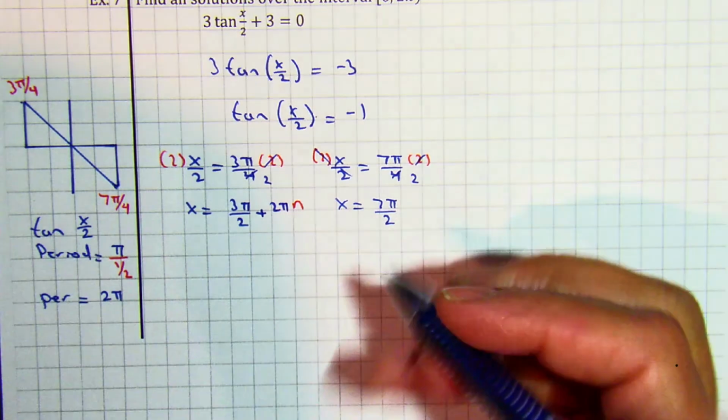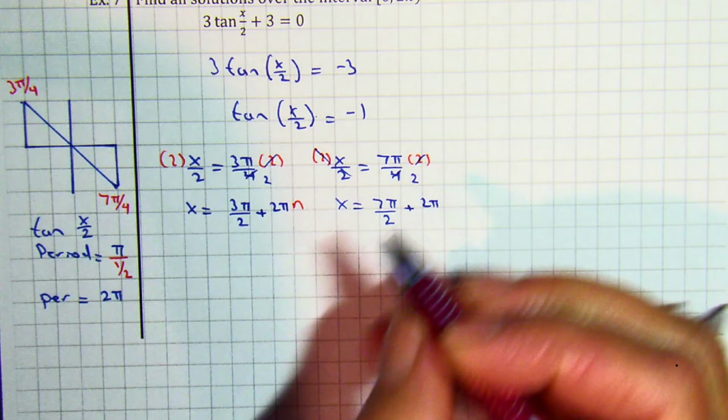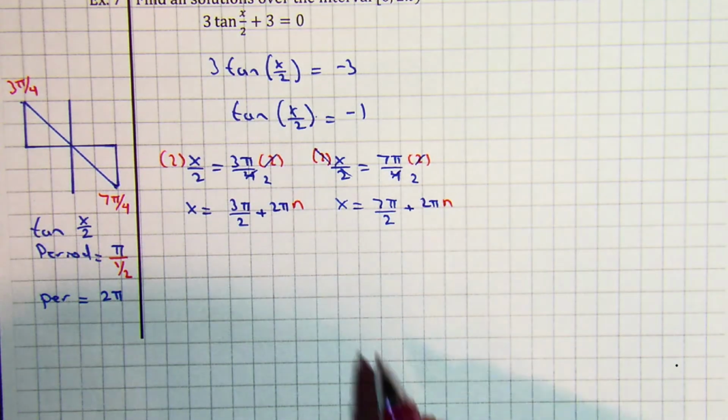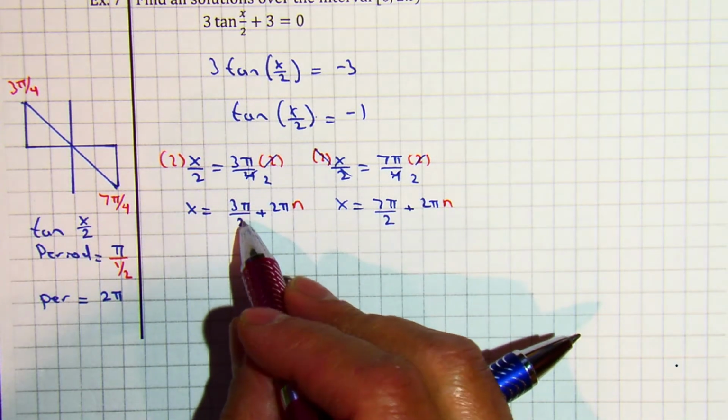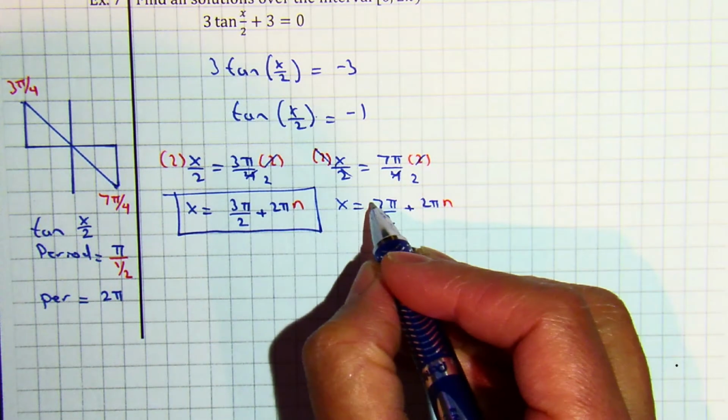Now, do we need both of them whenever we have pi? We don't, correct? Because this is going to be repeated. This is already taken care of. This will take care of this one as well.